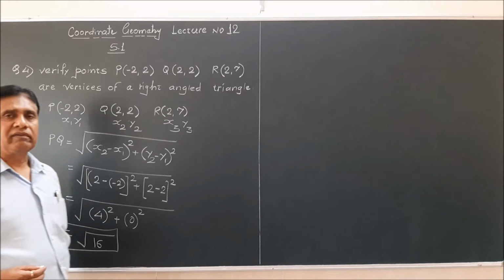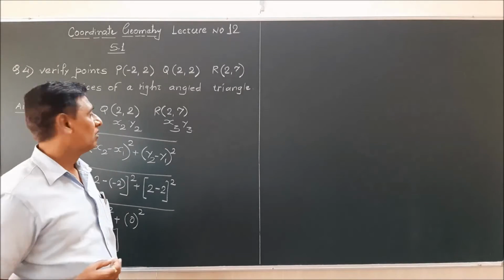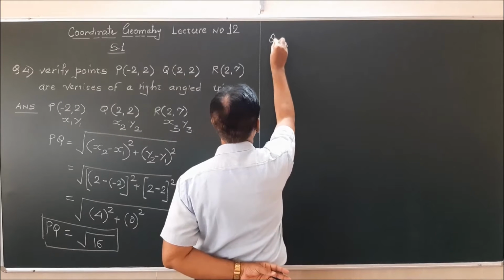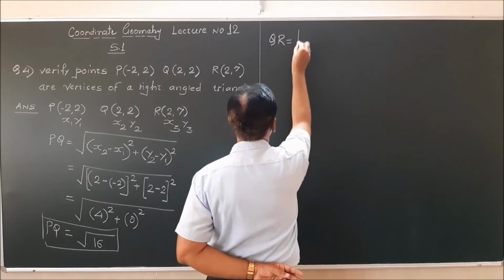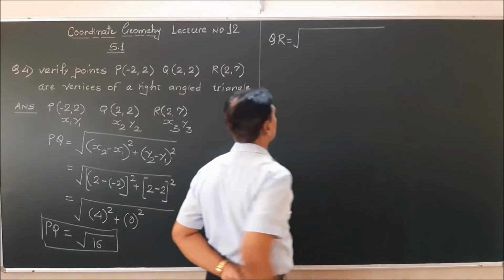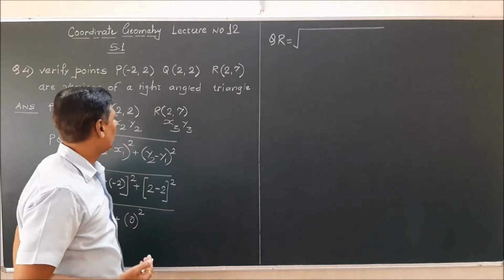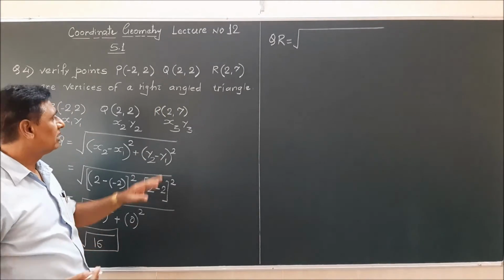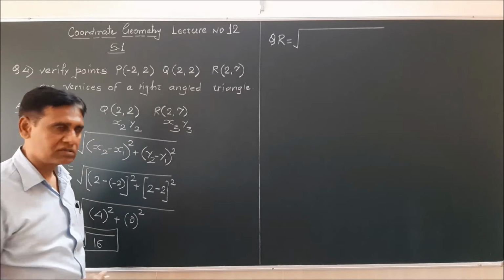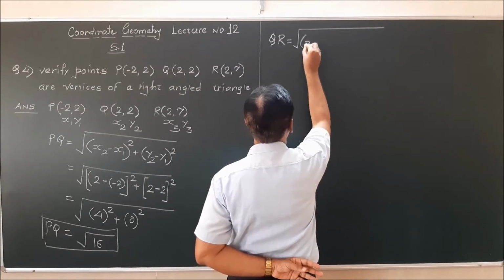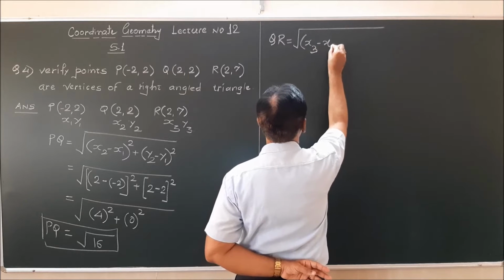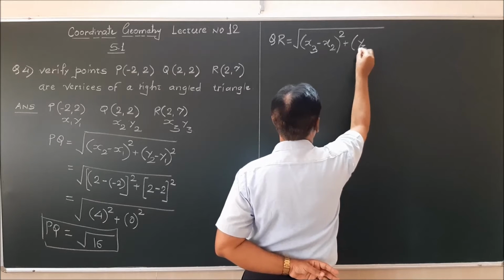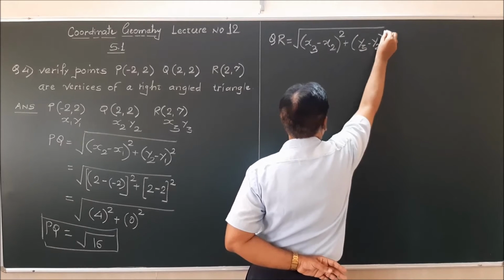Now as I obtained the value of PQ, I am going to find the value of QR by the same formula. QR is equal to the square root of... now the second point is the coordinates x3, y3. Same formula, but I will use it in the way (x3 minus x2) the whole square plus (y3 minus y2) the whole square.